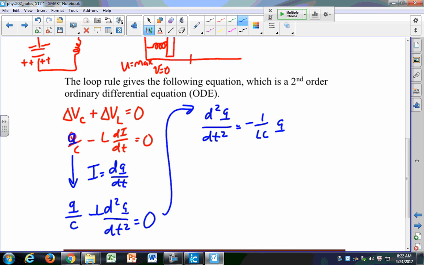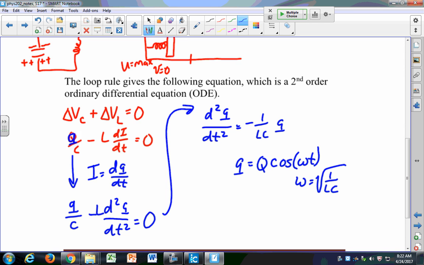And the solution that we're going to have for this, actually we'll wait and I'll give you that next time, because this is going to be your take home: q is going to equal maximum q cosine of omega t, where omega is equal to the square root of 1 over LC.